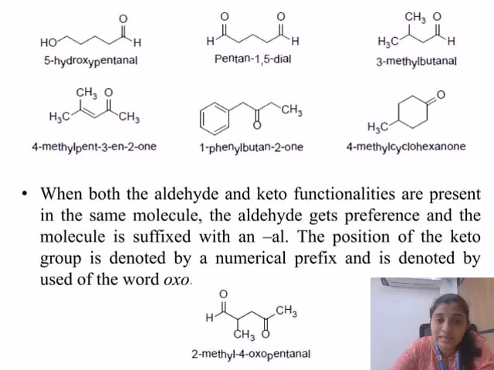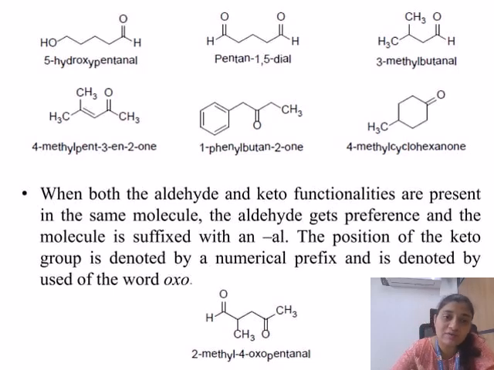Now coming towards the next structures, in the second line we can see the ketone group. When we want to identify the ketone group, you have to find where the C double bond O is, as we know that C double bond O has an alkyl chain on both sides.